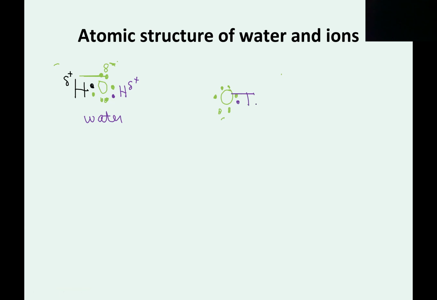Hydrogen with 1. You have one electron there, so that makes this a negative charge. And then you have a hydrogen without any protons, and it has a plus charge.